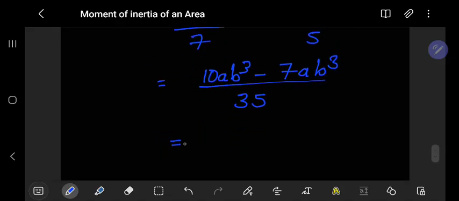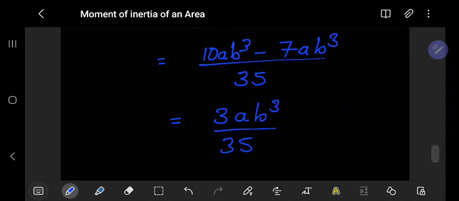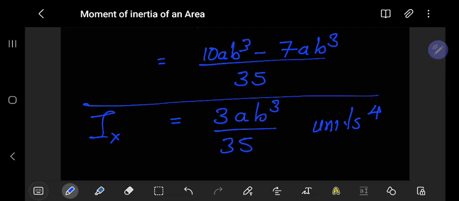From here, we see that this reduces to just 3ab cubed over 35. So of course, we know the units for moment of inertia. So whatever the units are, to the power 4. Now, this is the moment of inertia Ix determined using this method.